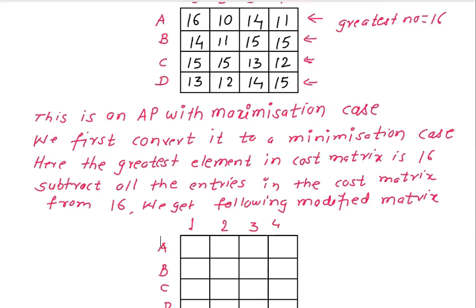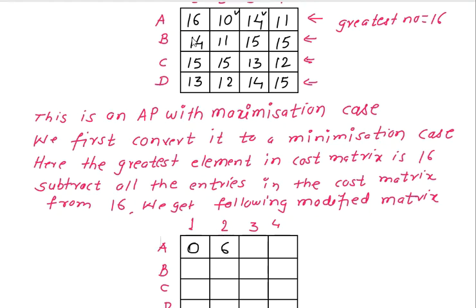So let us subtract all the entries of the given cost matrix from 16. We get 16 minus 16, in the first cell we get 0. Then 16 minus 10, we get 6.